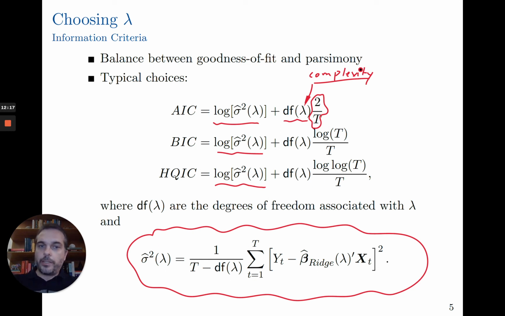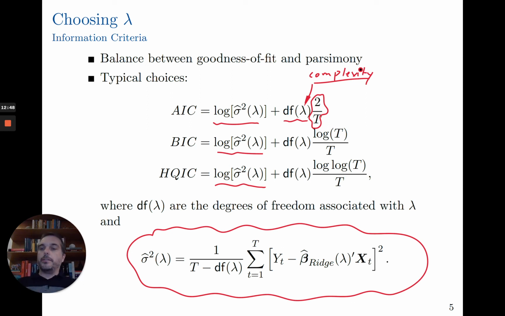So as T goes to infinity, as we have a large number of observations, these terms go to 0. So you're not penalizing anything. But in finite samples, the amount of penalty will vary according to the BIC and Hannan and Quinn. Although in the AIC, you see the numerator is fixed.